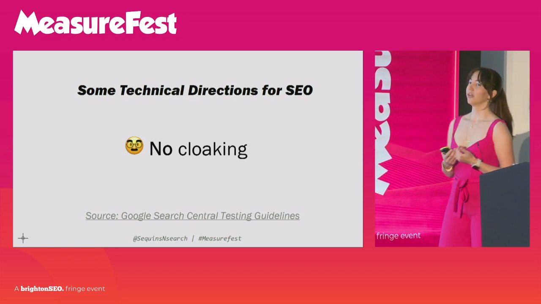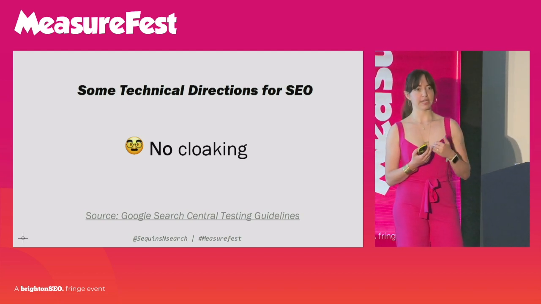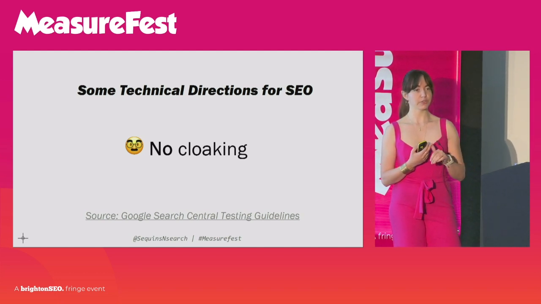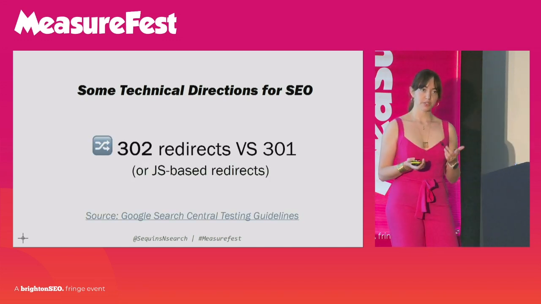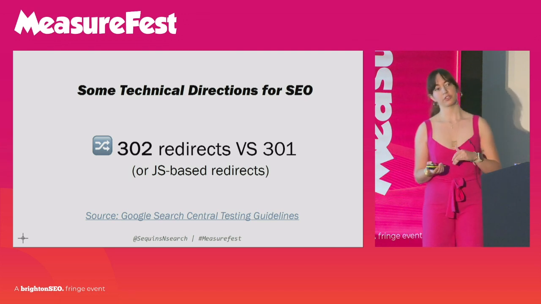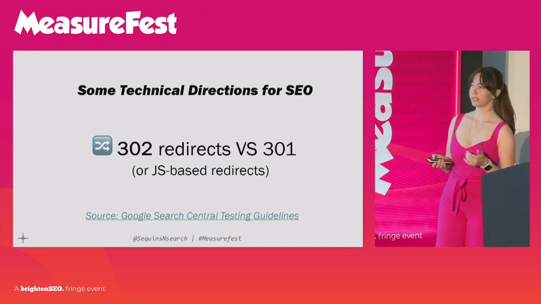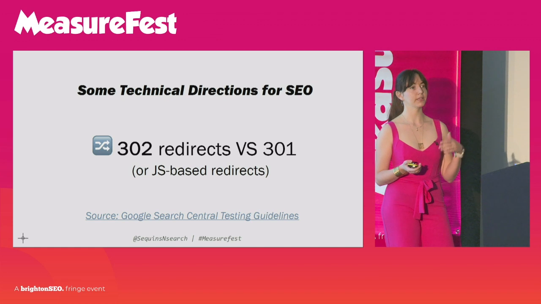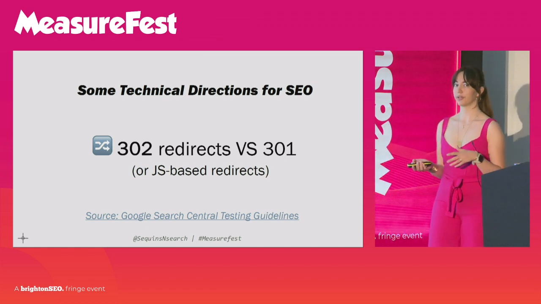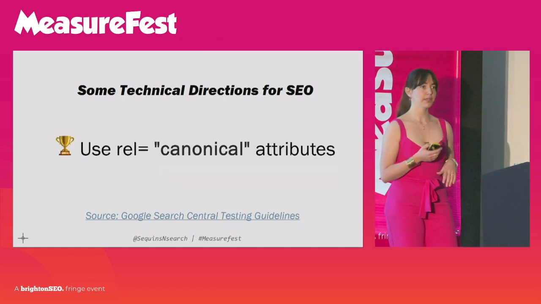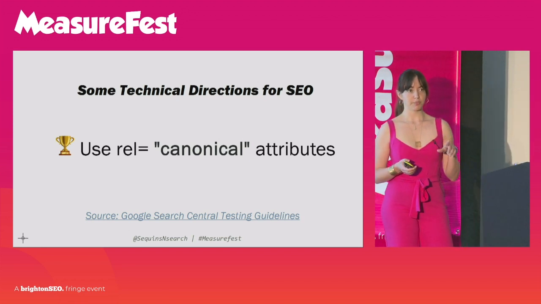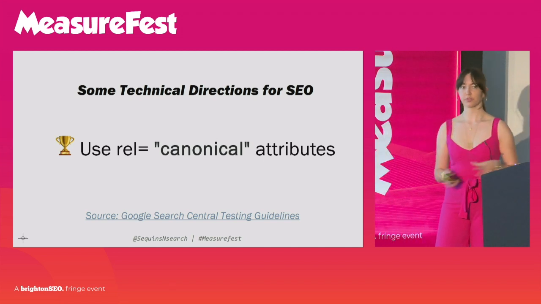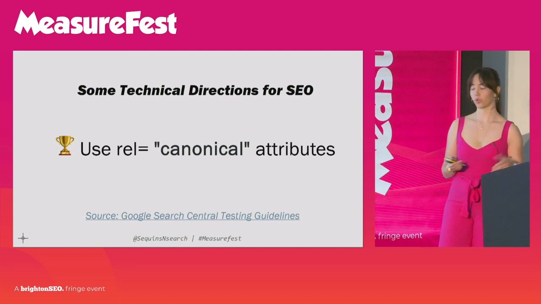The first one being, you shouldn't be serving 2 different kinds of content to the search engine and the user. 302 redirects should be used in place of 301 redirects, and JavaScript-based redirects are also fine. That's, for example, when you're redirecting the user from one version of the page to the other. And use canonicals to refer back to the page. So if you have alternate versions, use canonicals on those pages to refer back to the page that's your normal version.